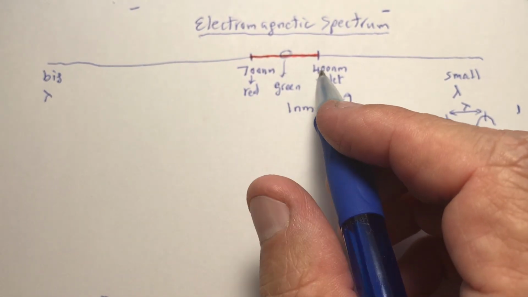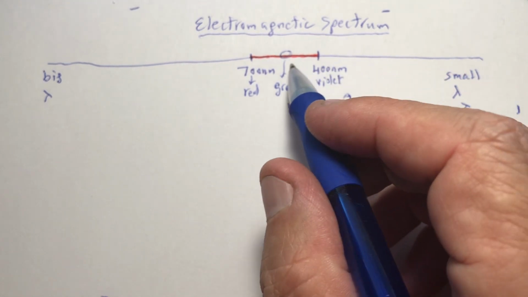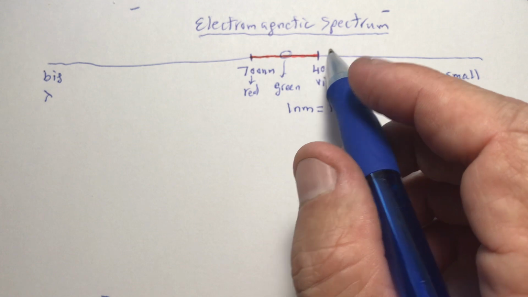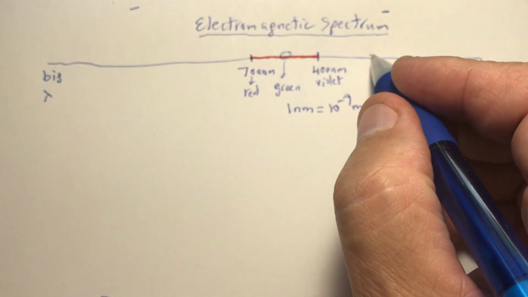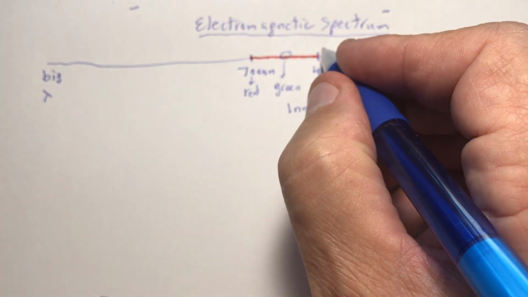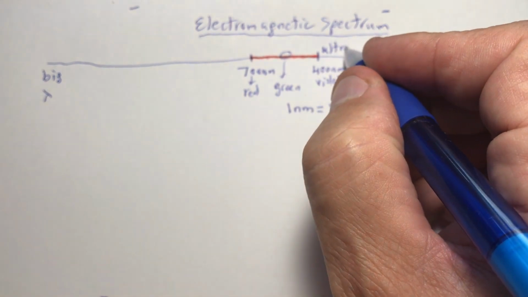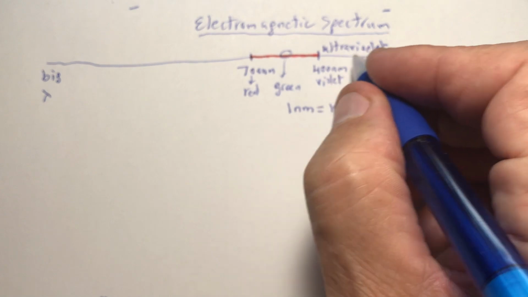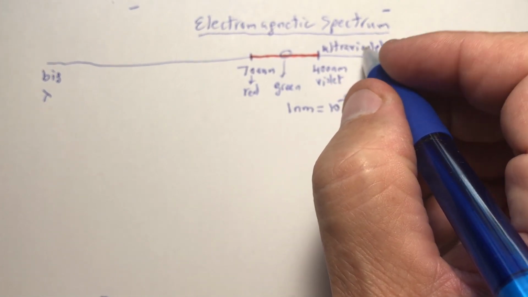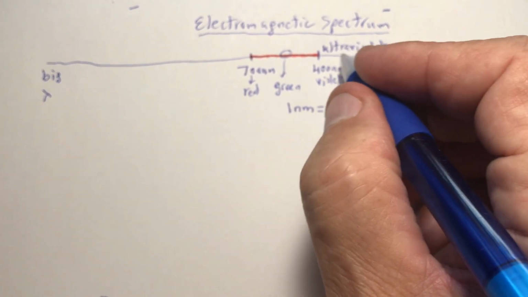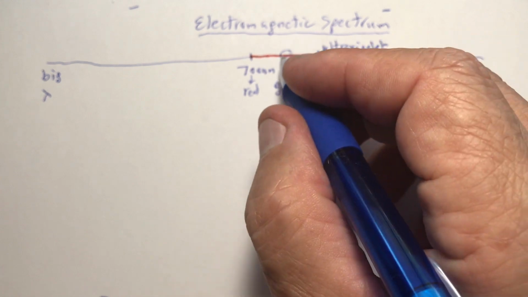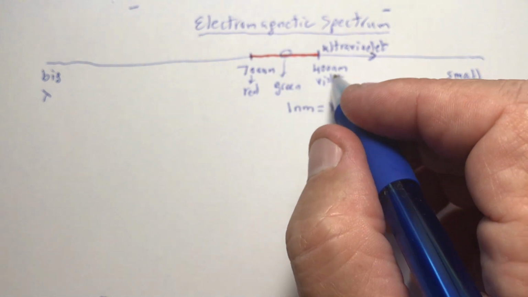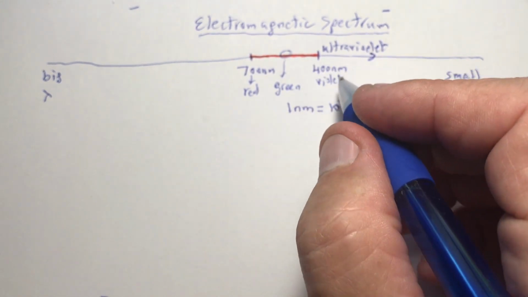So if we start from this 700, go to 400, in this region here, we have the ultraviolet light. So this kind of radiation is high energy compared to this, because the wavelength is short. The wavelength is short, so it's high energy.